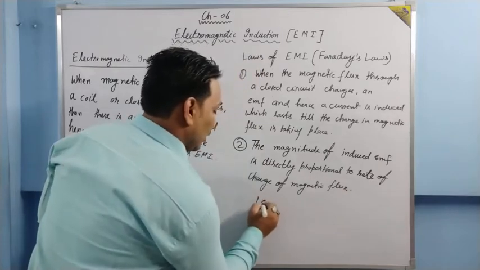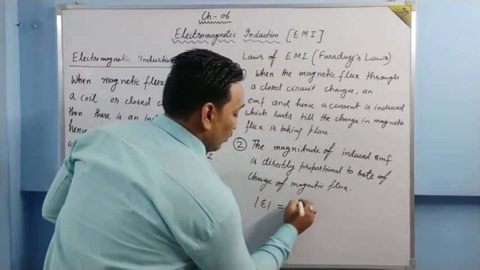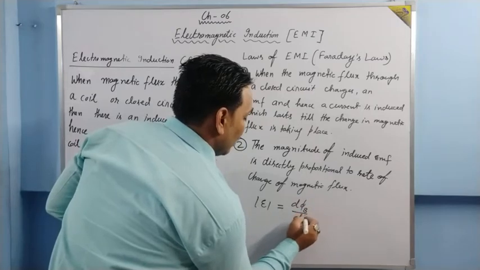Okay, that is EMF is equal to d phi B by dt.